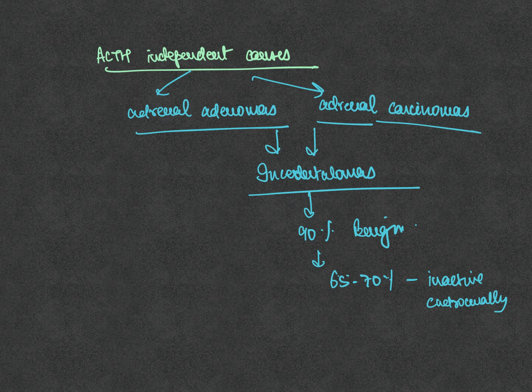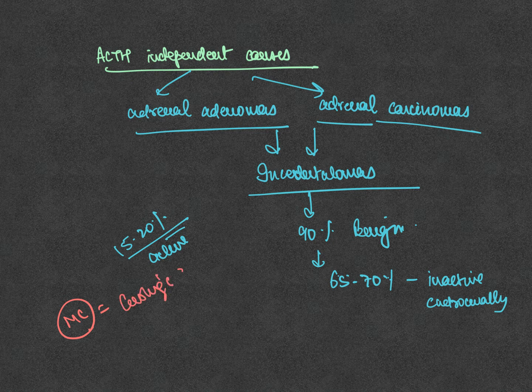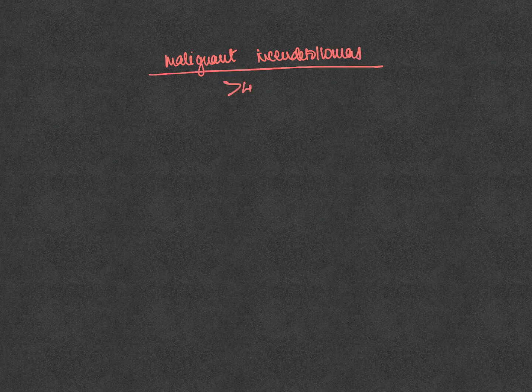while 15 to 20% are going to be active, among which the most common is going to be Cushing's syndrome, and the second is going to be pheochromocytoma. Another question they ask is, what are the features of malignant incidentalomas? One is the size, more than 4 centimeters.